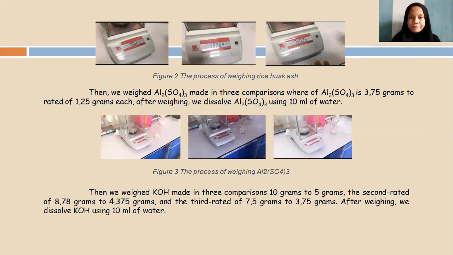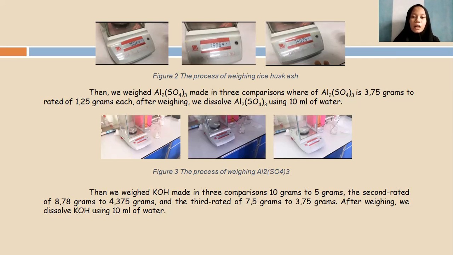Then we weighed Al2SO4 3, made in 3 comparisons, 3.75 grams to 1.5 grams each. After weighing, we dissolved Al2SO4 3 using 10 ml of water.